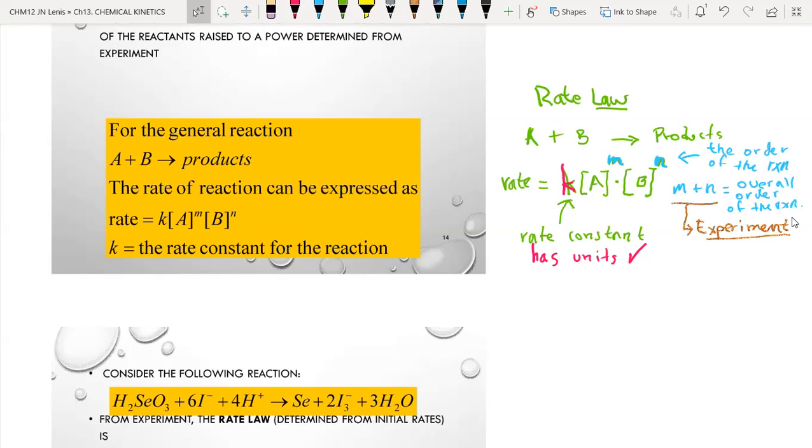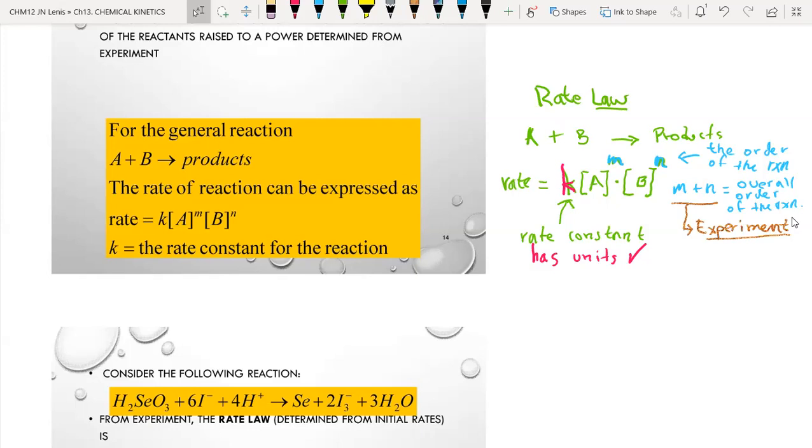We run the experiment, we take measurements, we take times, we measure concentrations, we graph the information, we follow the protocol instructions, the handout instructions, we graph all the data, and we can find experimentally the values of M and N for that particular reaction.